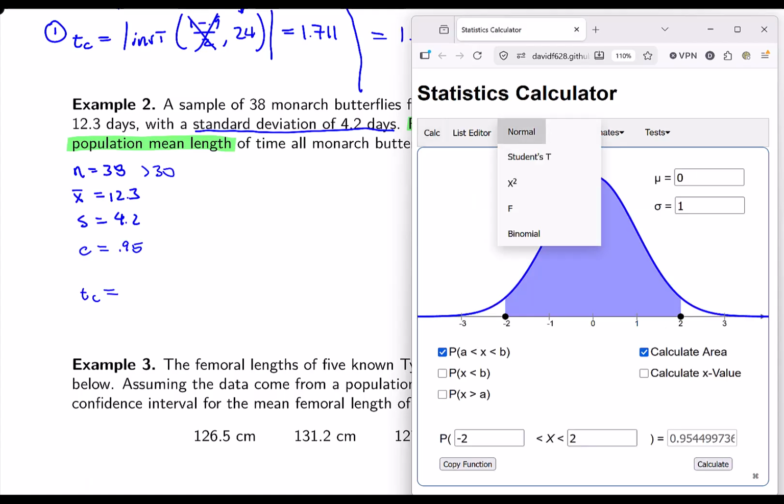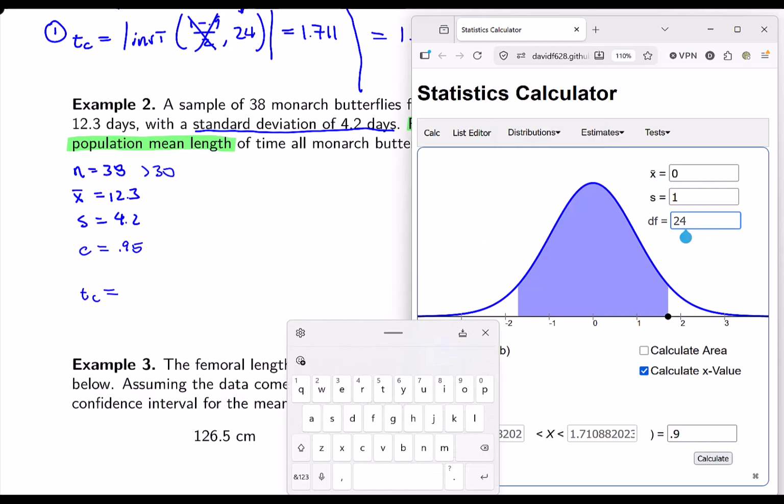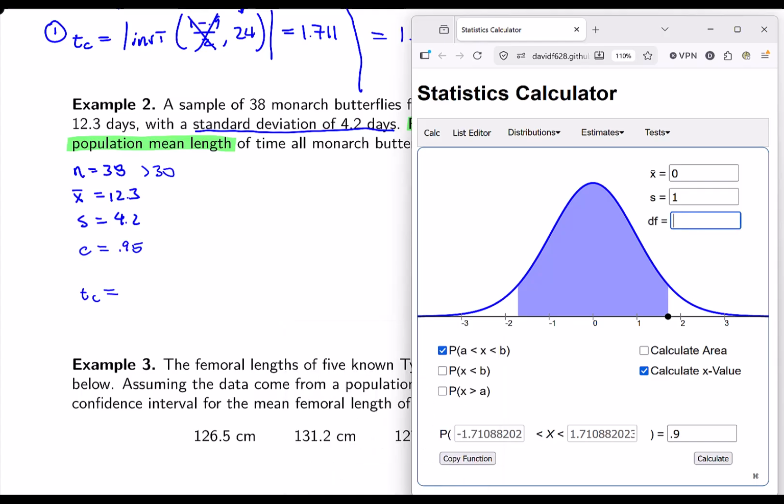All right, I'm going to come over here to the student's t-distribution calculator. Make sure you change the number of degrees of freedom. That's going to vary from one problem to the next. So the degrees of freedom in this case is 37. It's one less than the sample size. All right, now I'm in the calculate an x value.